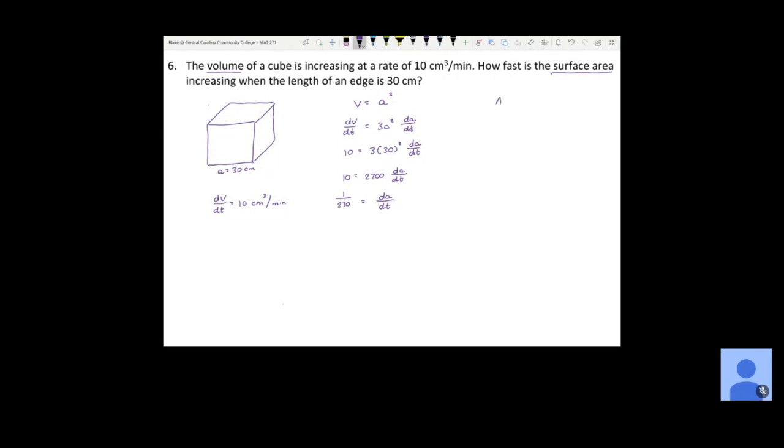Find the surface area formula. So how would you find the surface area of a cube? Perfect, right? So we know the area of one of our faces is just going to be a squared. We know there's 6 faces on a cube that are all the same. So this is just going to be 6a squared.